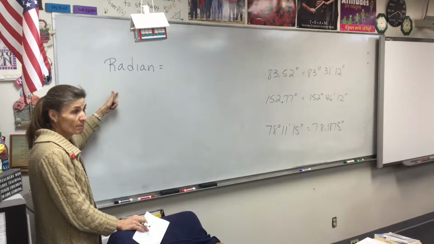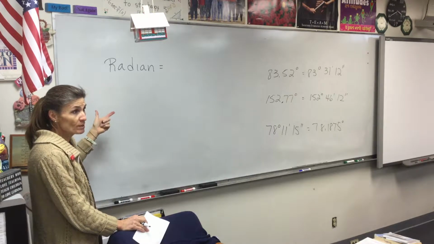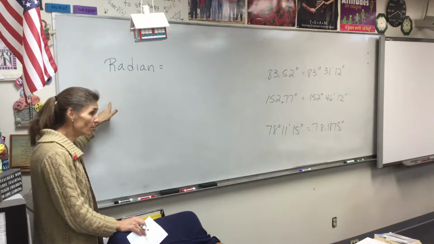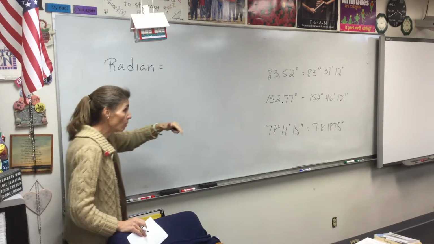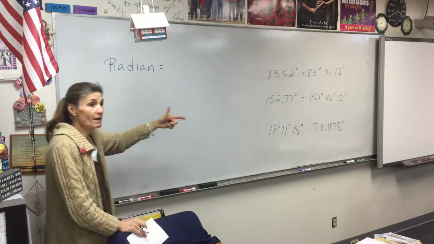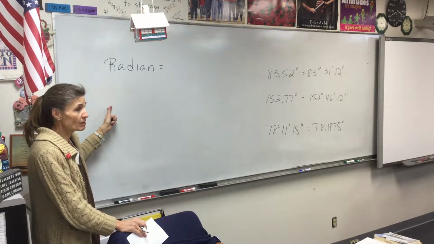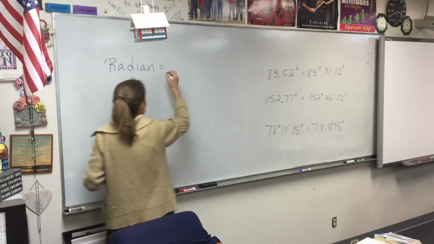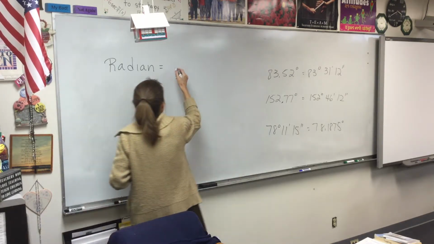Up to this point, apparently, the only angle measurement you've used is degrees, which is fine. But in upper mathematics, starting now, we're going to focus a lot on this other unit of angle measurement called the radian. Here is what a radian is. I'll give you the definition and then I'll show you.